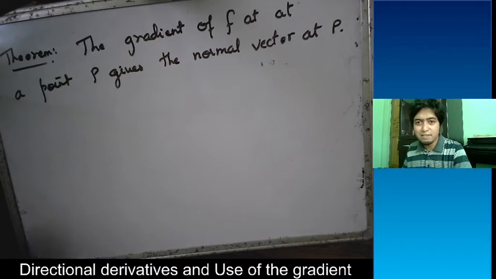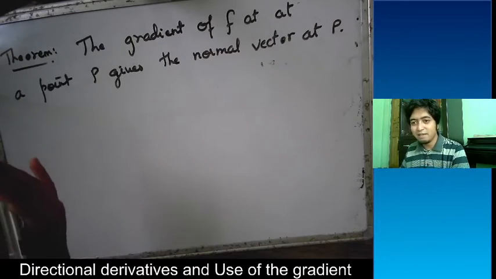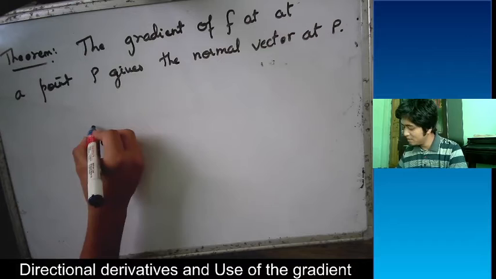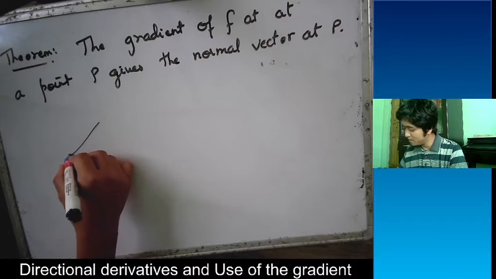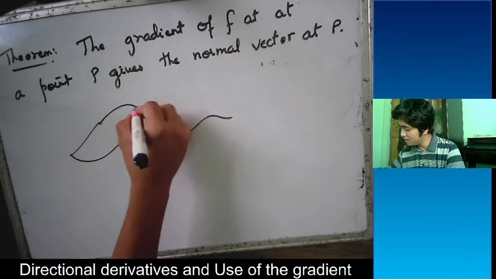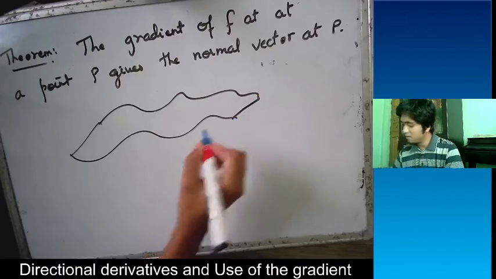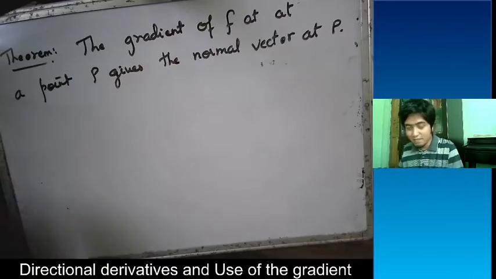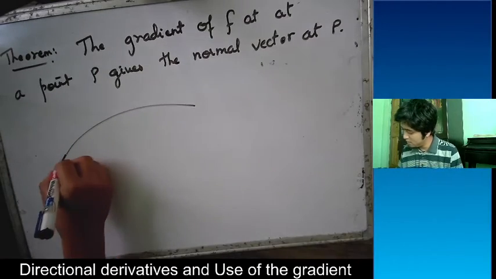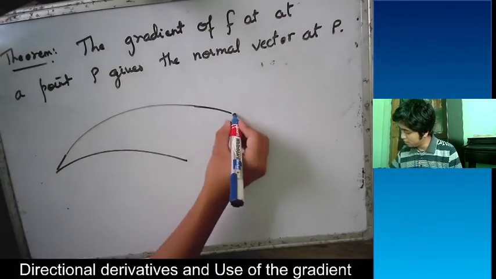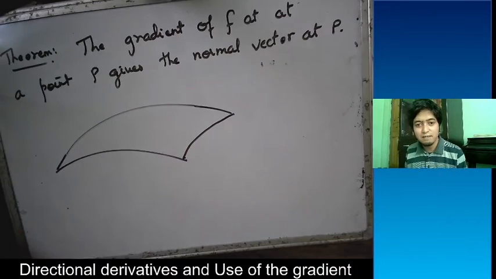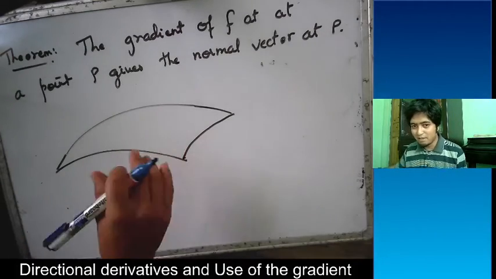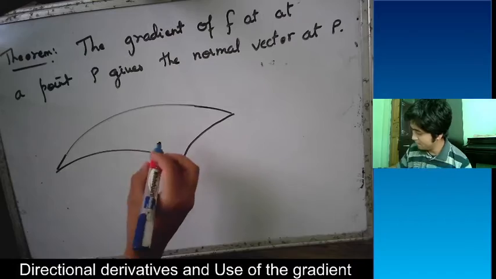So what this one is saying, if you remember, if you are having f, then it will be a surface. Okay, so something that looks like this. It can be any surface. Okay, it can look like this.